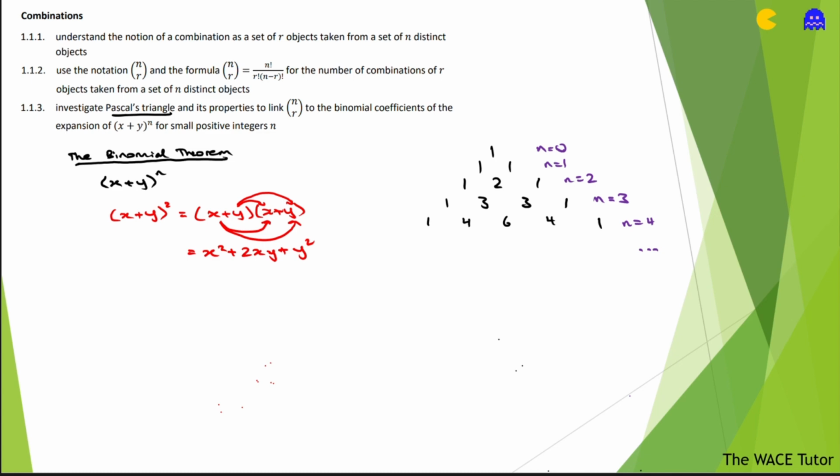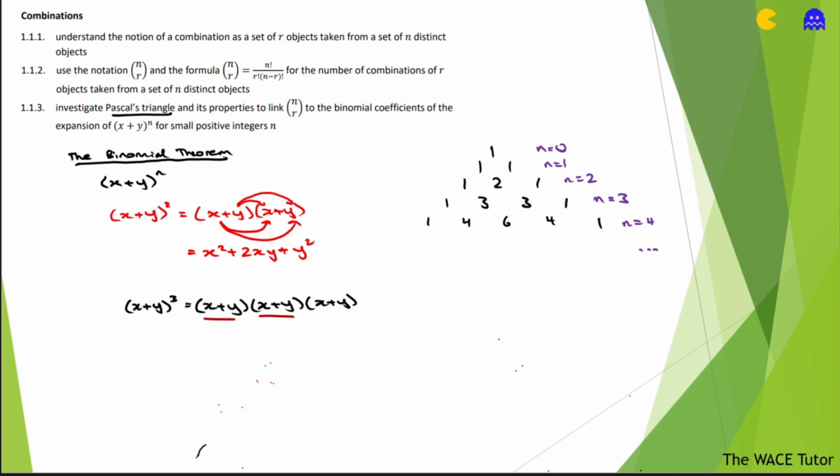Okay, let's say we have x plus y to the 3. That we can write as x plus y multiplied by x plus y multiplied by x plus y. So this first term in our expansion, let's say we want to multiply all the x's.